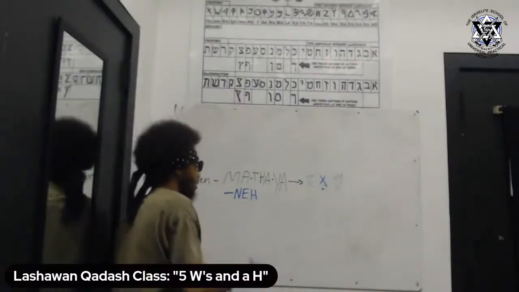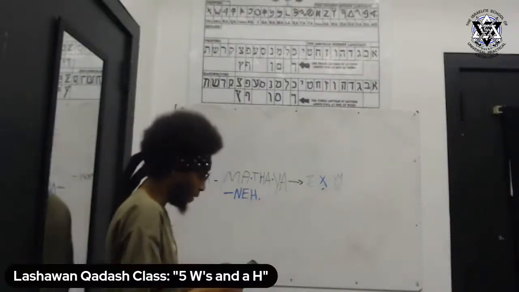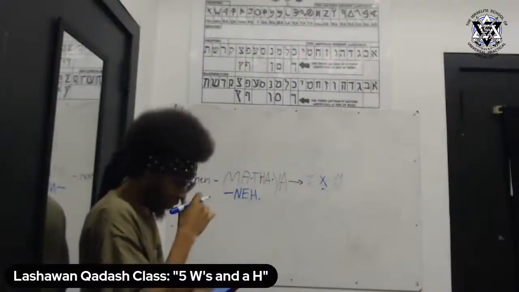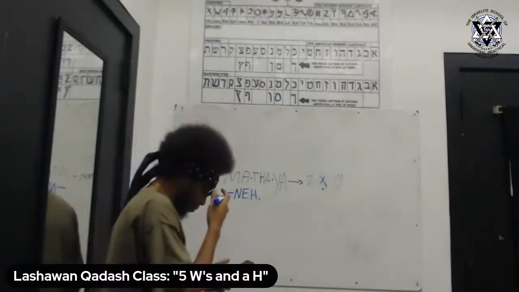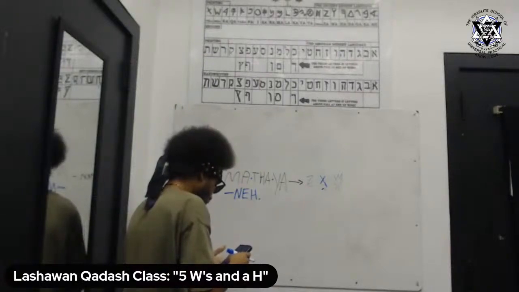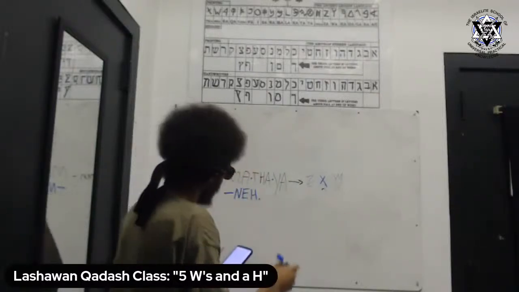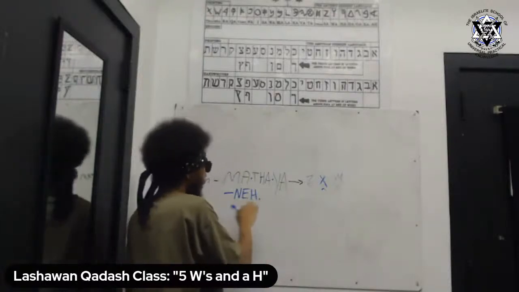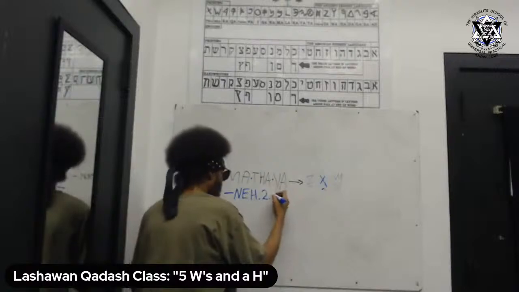So NEH is short for Nehemiah. Nehemiah is, I believe, towards the end of the Old Testament, if I'm not mistaken. So Nehemiah chapter 2, verse 6.